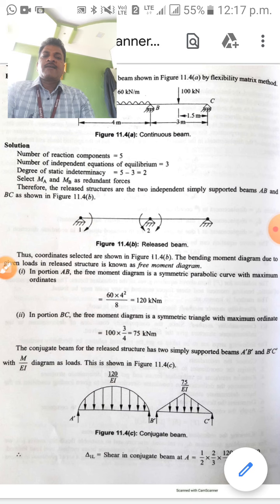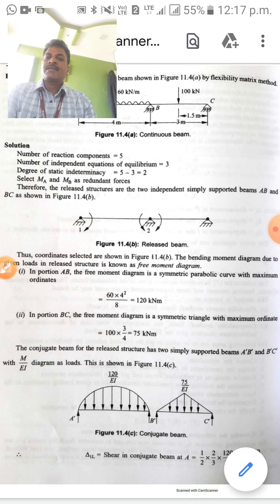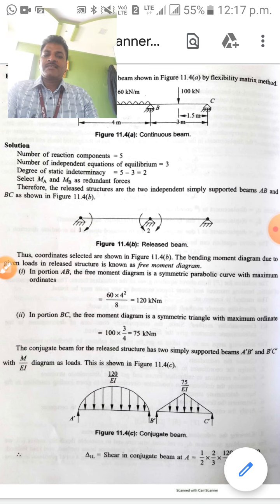So the number of unknown reaction components is 5, and the number of known equilibrium equations is 3. Therefore the degree of static indeterminacy is 2, so the number of redundant forces is 2.